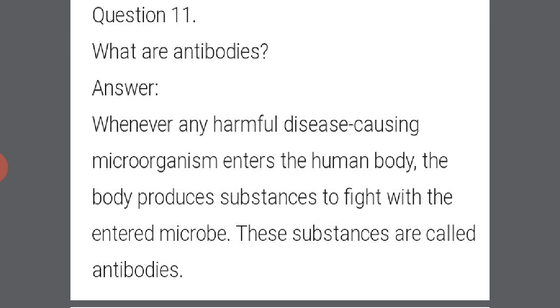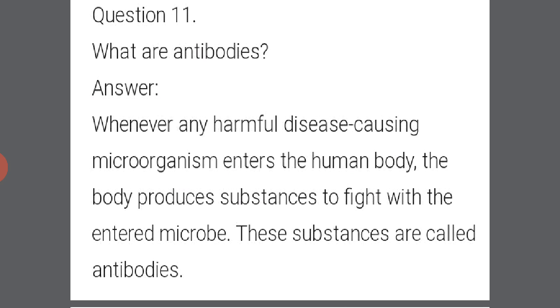Next question. What are antibodies? Whenever any harmful disease-causing microorganism enters the human body, the body produces substances to fight with the entered microbe. These substances are called antibodies.